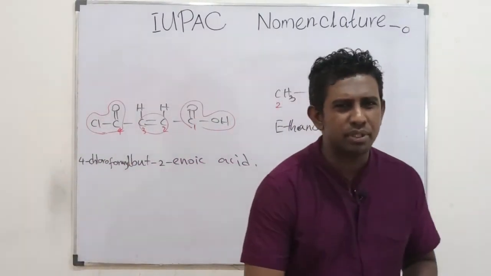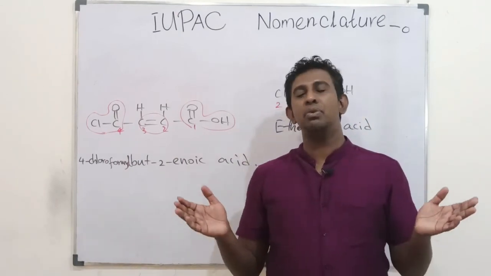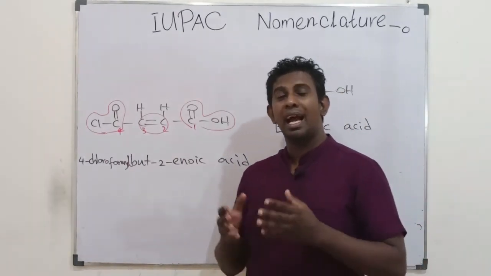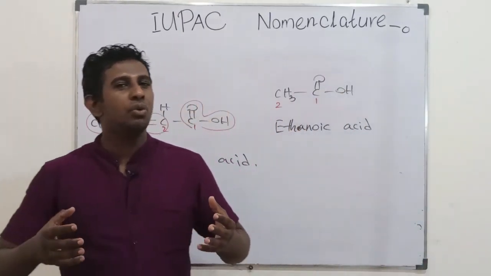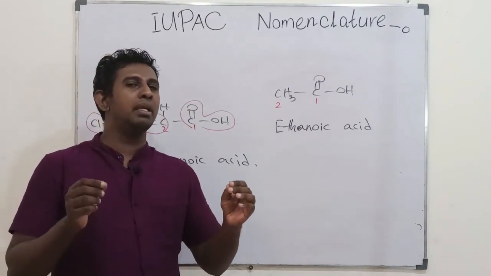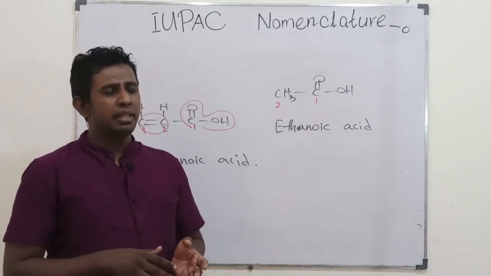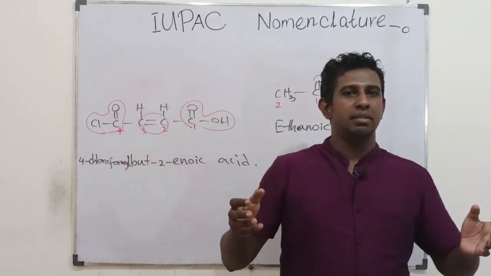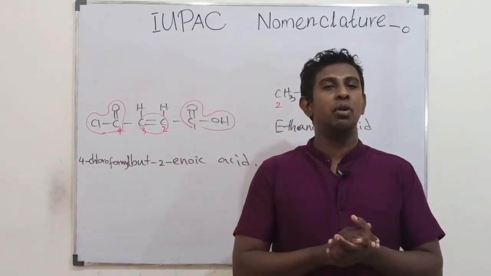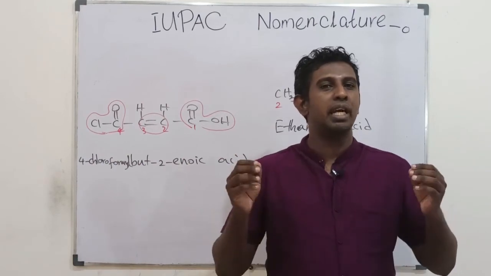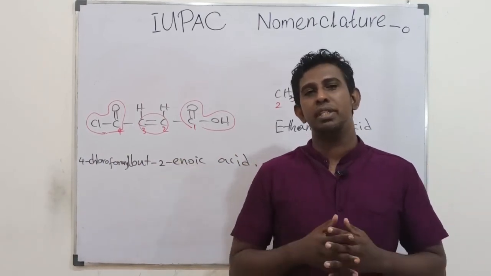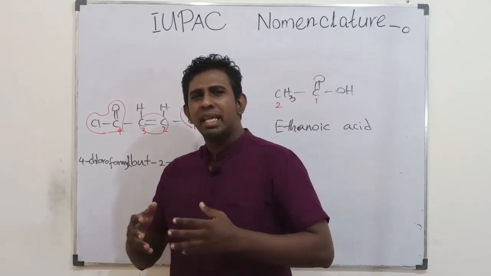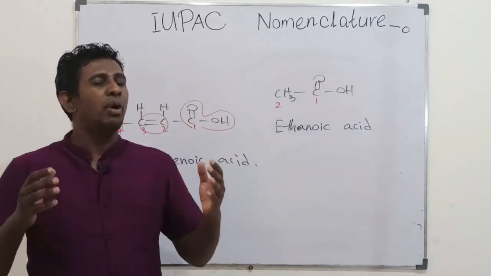Those are a few simple examples that we could use to explain how these rules are applied in naming compounds. Then students, you work out many such possible organic molecules for nomenclature. You try to name those organic molecules and make it easy. See the point.